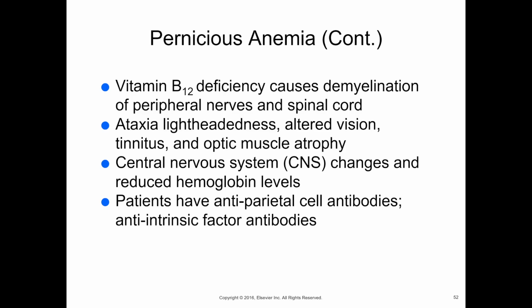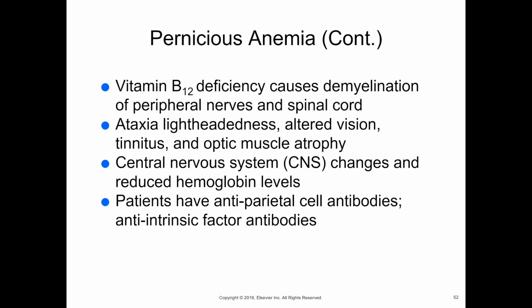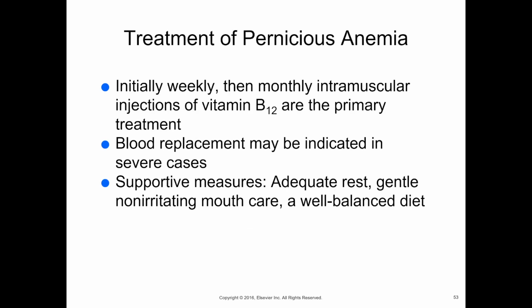All of these things are related to B12 deficiency. And again, these nervous system symptoms typically only happen in somebody who has a chronic form of this condition and more severe forms of the condition.